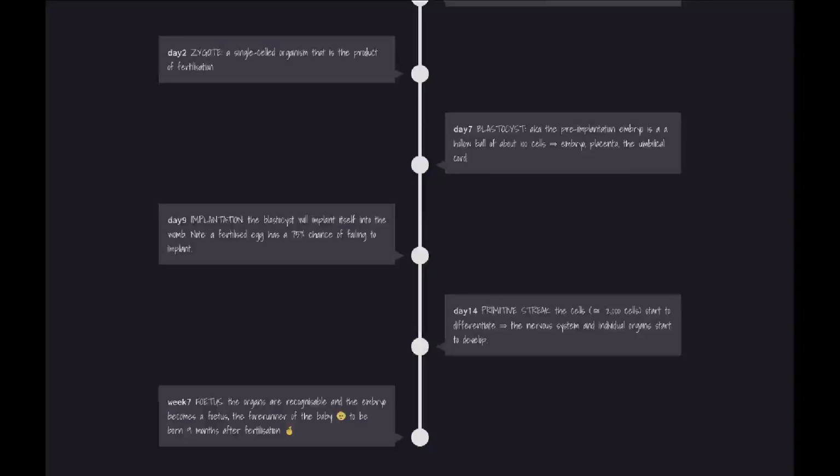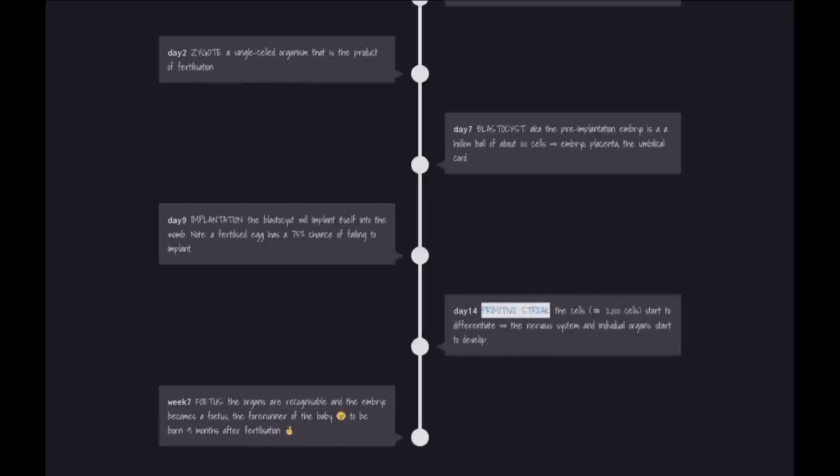Other cells will become the placenta and the umbilical cord. About 2 days later, the blastocyst will implant itself into the womb, triggering biochemical signals from the mother, on which further development depends. About 75% of fertilized eggs fail to implant.